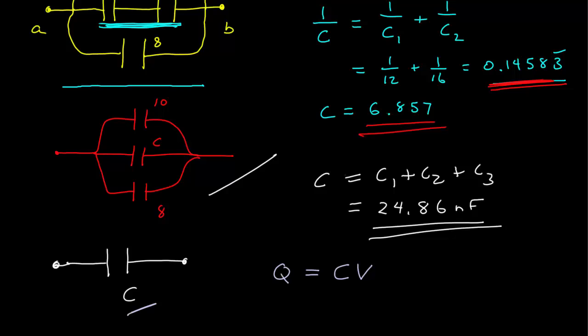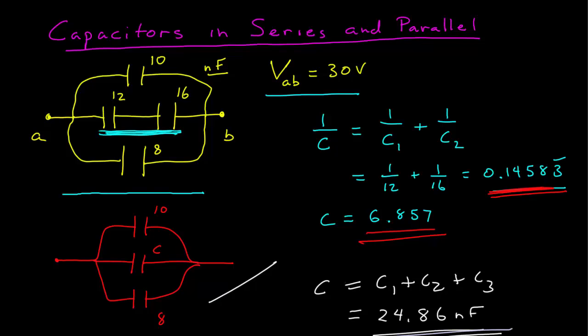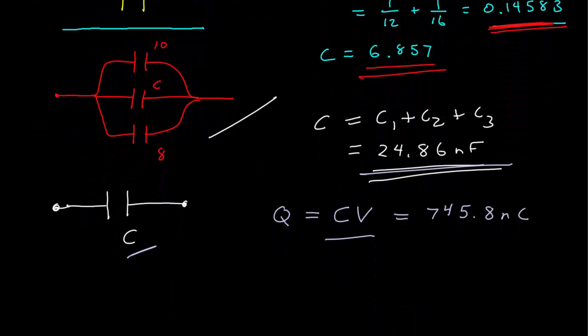I have the equivalent capacitance, and I know the voltage across it, which is 30, so I can calculate this directly. And that's 745.8 nanocoulombs. That's this capacitance times the 30 volts across the system, because this is still A and B.